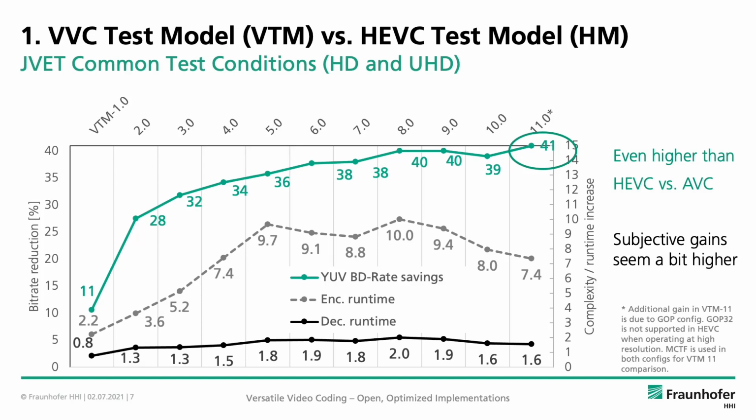When we compare the savings over HEVC HM with HEVC versus AVC after finalization of the HEVC standard, we can see that these gains of VVC are even higher than HEVC versus AVC at that time. When Christian will present the subjective results later, we can see that the subjective gains seem even a bit higher than that.